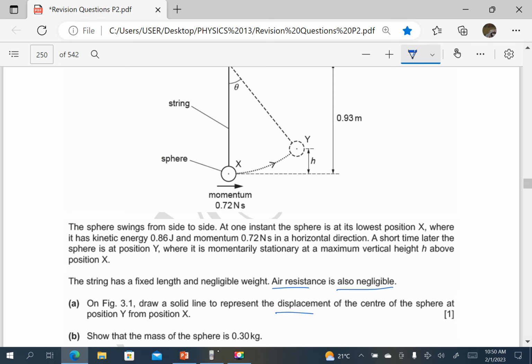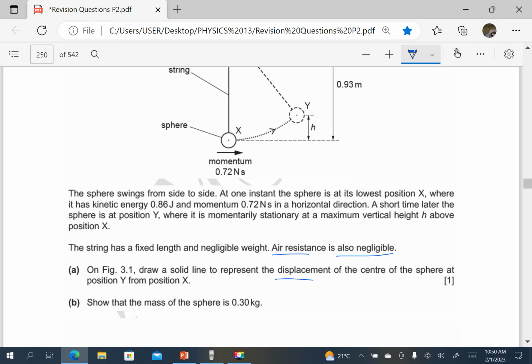That would be a straight line between x and y. So in part A, we shall just draw a straight line from the center of x to the center of y, because displacement is a vector quantity. So you draw a straight line from the center of x to the center of y, because we are looking for the displacement of the center.